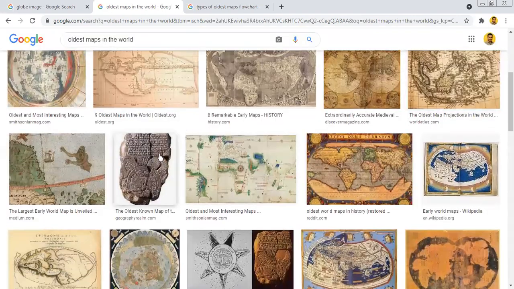Yes, this one was the map prepared by the Babylonians. They imagined the world as a round disk. They didn't know about the earth at that time.